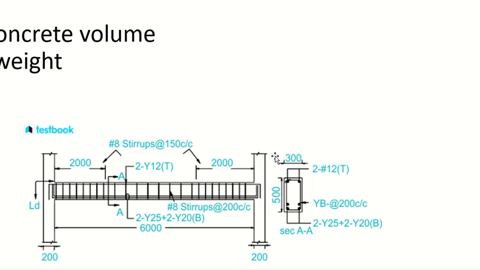Whenever we are providing something just for the supports, it is normally 1/3 of the length near the support. The total length was 6. For closer spacing, I took 1/3 of 6 on this side and 1/3 of 6 on this side, so 2 here, 2 here.